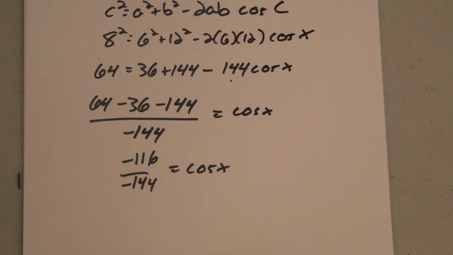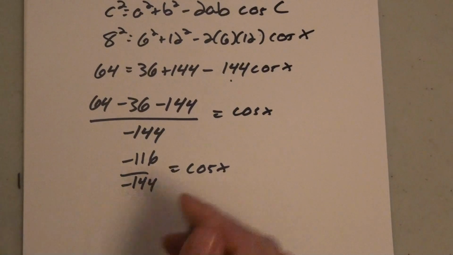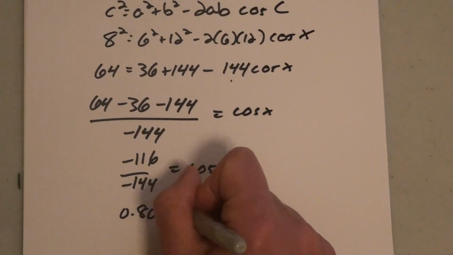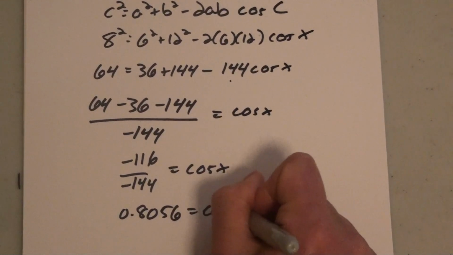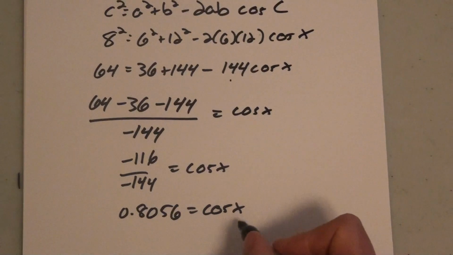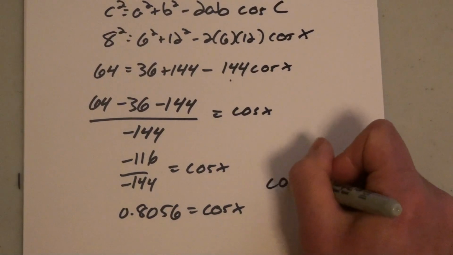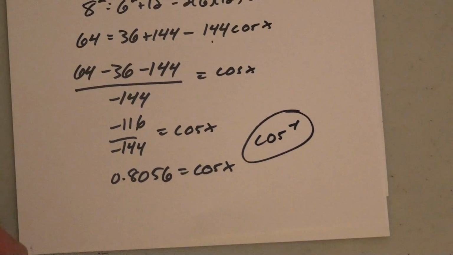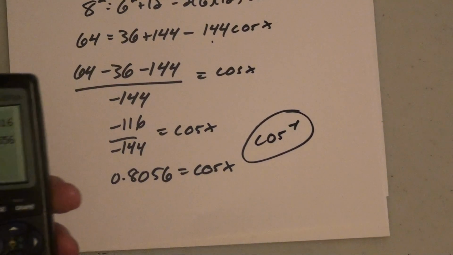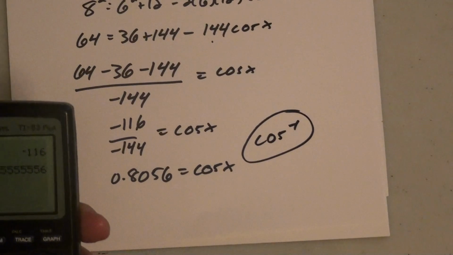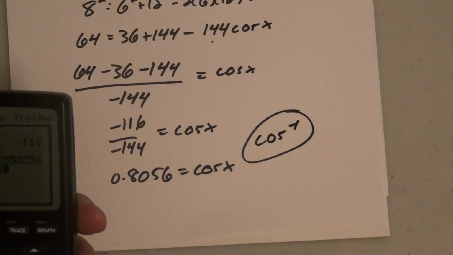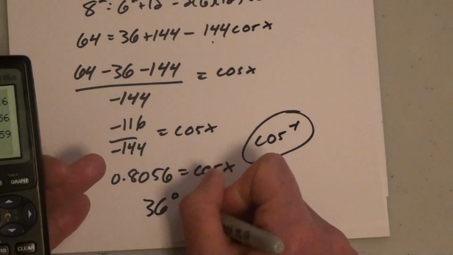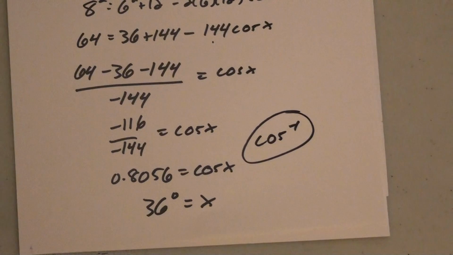Dividing it, I'm going to get 0.8056 equals your cos x. That's not your answer. You need to figure the angle out, so you're going to have to use your cos inverse button at that point to determine the angle. So doing that, you go second cos, 0.8056, equals, and you're going to get 36 degrees equaling your angle x.